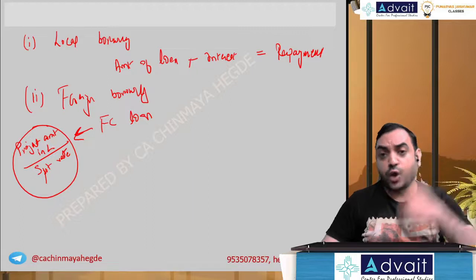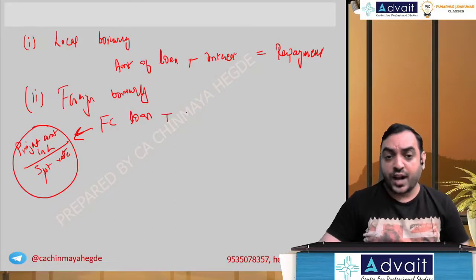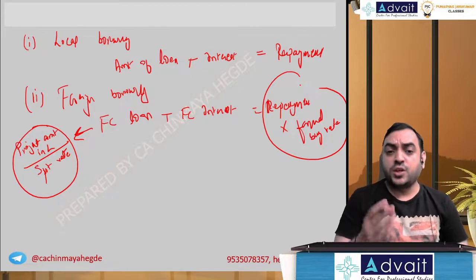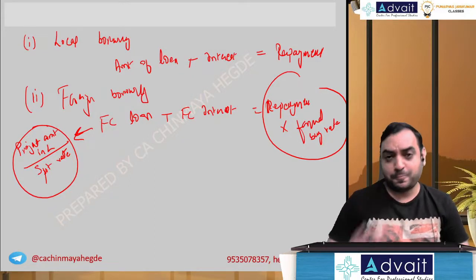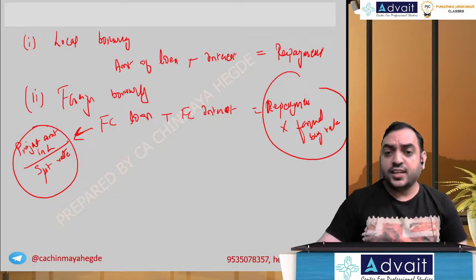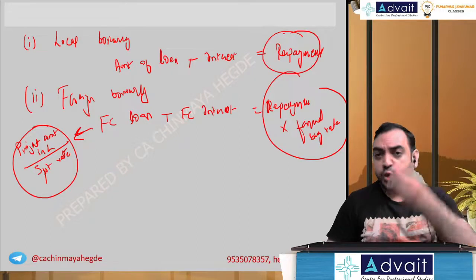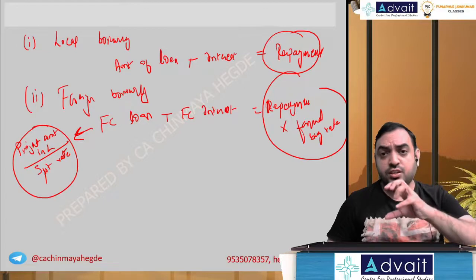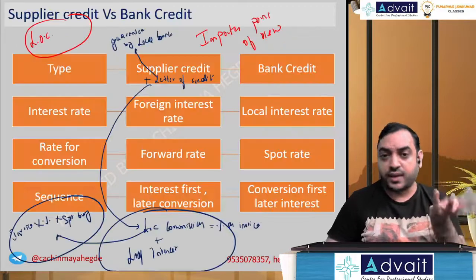That is the amount of the dollar loan. You add the foreign currency interest, then you do repayment into the forward buy rate. Why forward buy rate? Because that is the amount of foreign borrowing you have to repay. Then you choose whichever is lower, and that becomes your recommendation. This is the calculation till the final amount, like the way of supplier credit and bank rate.